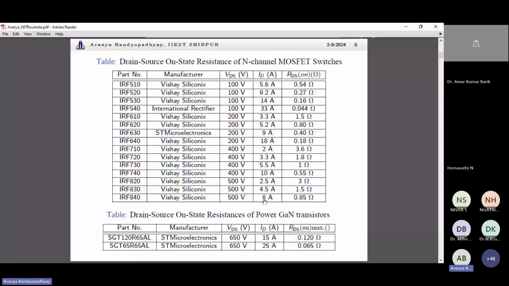Then what will happen? See, in this case, if you are going for IRF 740, the RDS switch on resistance was 0.55. And the switch on resistance has basically increased, right?